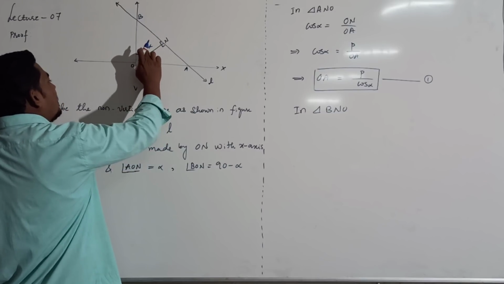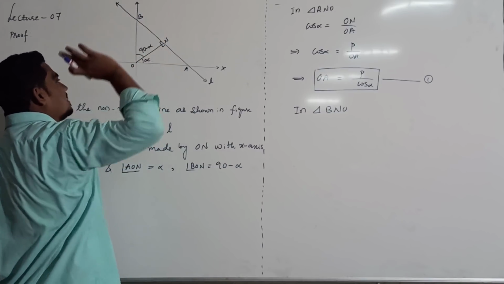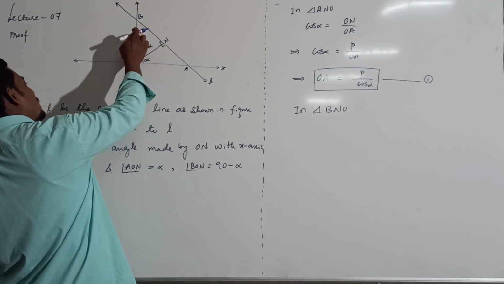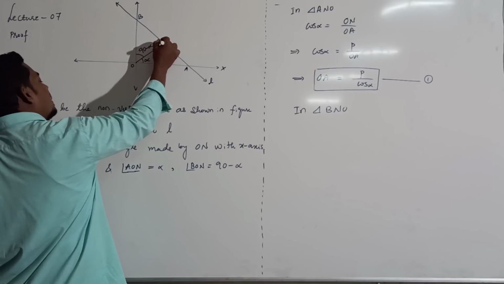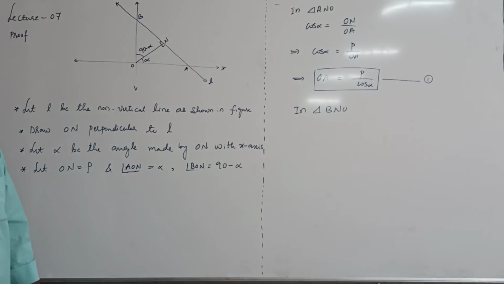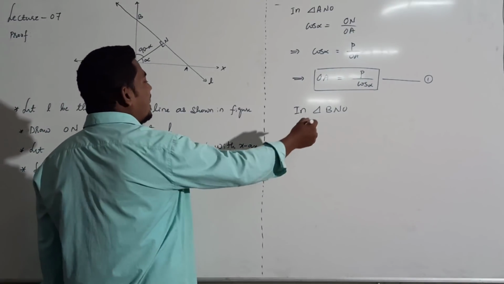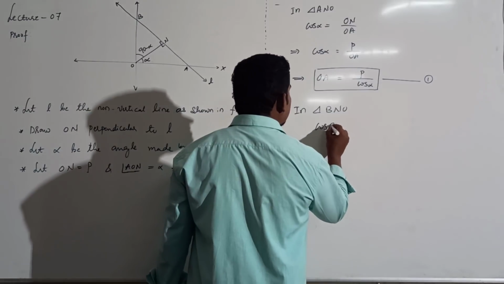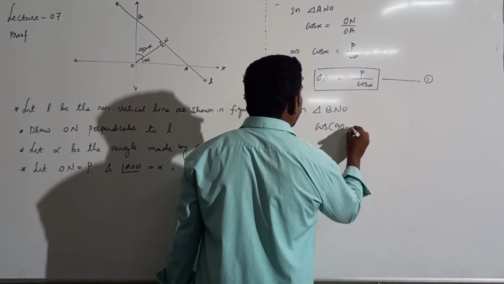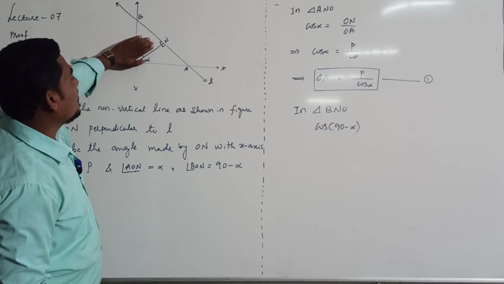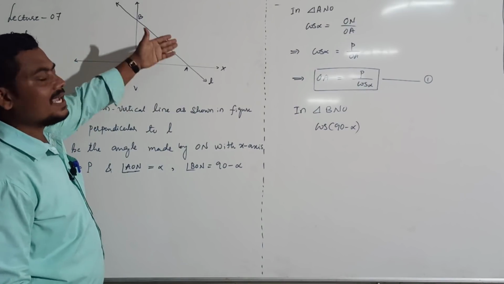In this right angle triangle, BN is the opposite side, and the side which is opposite to the 90 degree angle is the hypotenuse. Clearly this is also 90 degrees, which means OB is the hypotenuse side. In triangle BNO, write the cos of 90 minus alpha value. Treat this as one angle beta. Cos beta equals the formula.